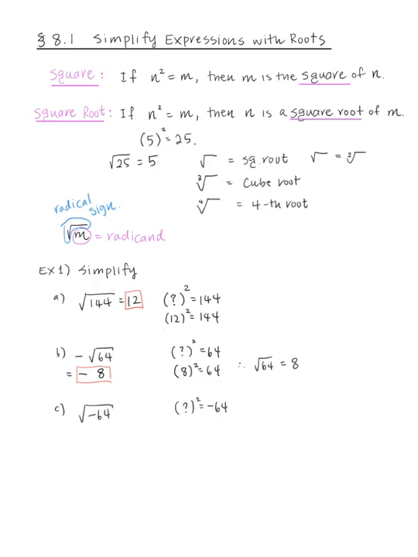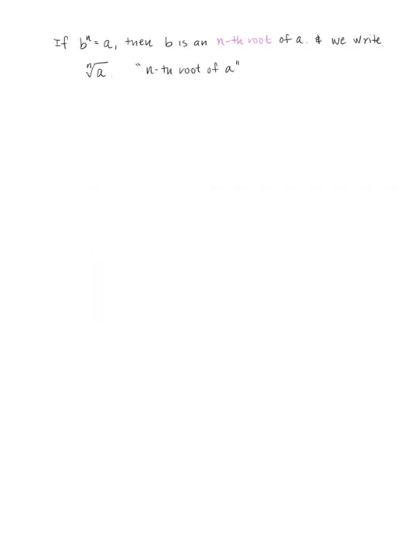So the square root of a negative number is not going to be a real number. So the answer is not a real number. And this will make more sense to you when we start to talk about complex numbers, but we'll deal with that later on.